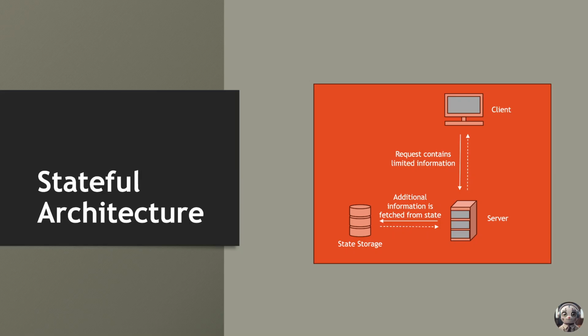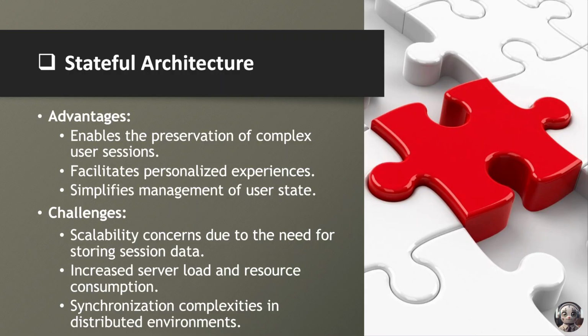Stateful architectures are often contrasted with stateless architectures, where the server treats each request as independent and does not rely on stored state, instead relying solely on the information provided in the request itself. Stateful architecture offers a robust framework for managing user sessions and preserving contextual information throughout interactions. Let's delve deeper into the advantages and challenges associated with stateful architecture.